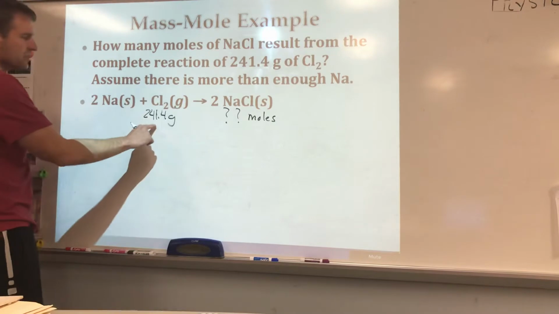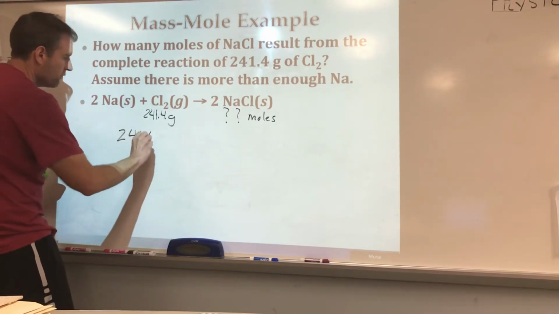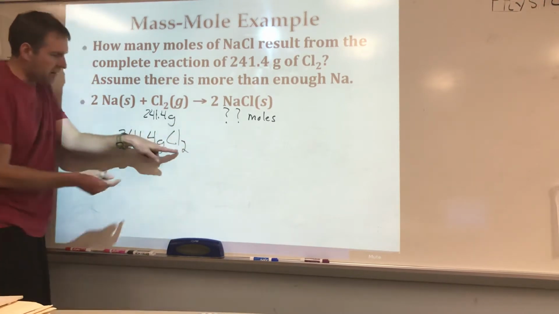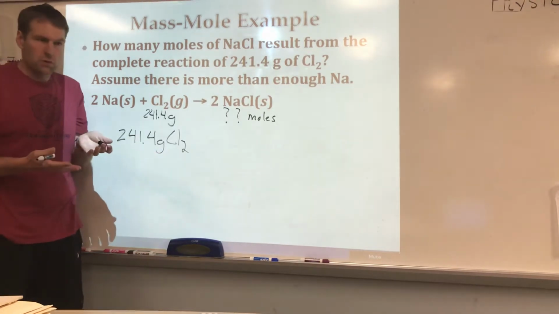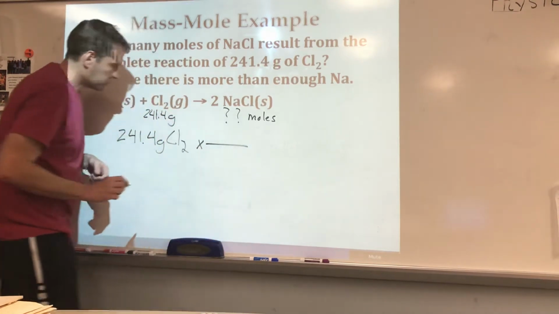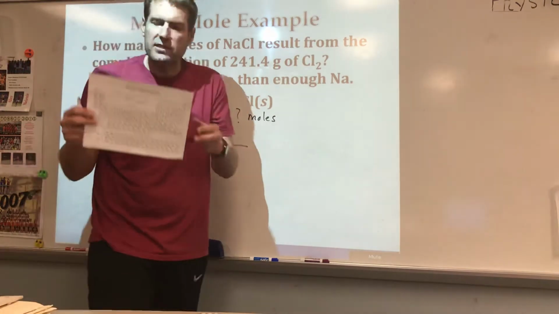Our first step is going to be taking this amount, 241.4 grams of chlorine. Chlorine's diatomic, it's Cl2. And we're going to change that to moles. If you remember, way back in first semester we had molar mass stuff.